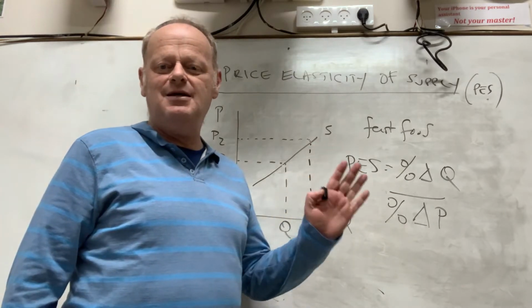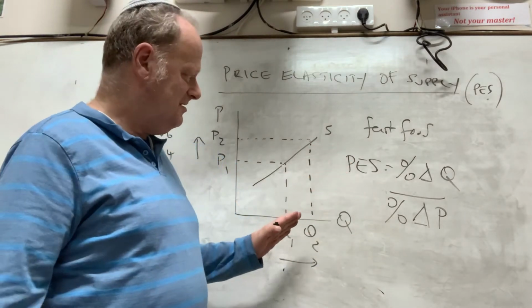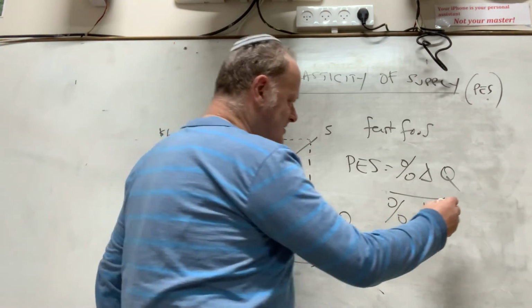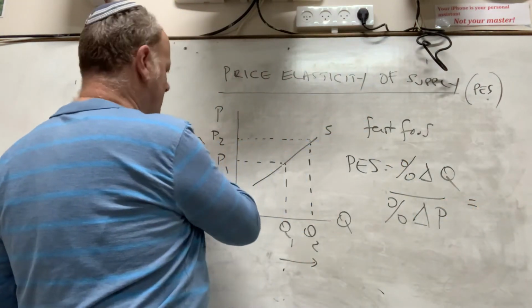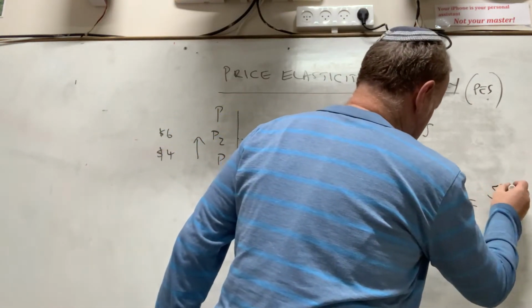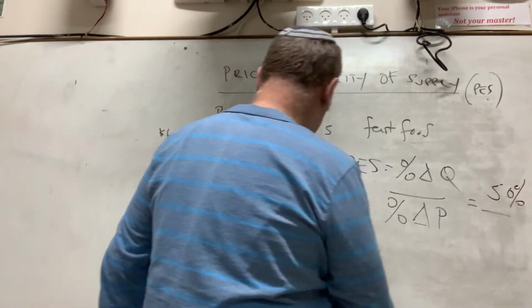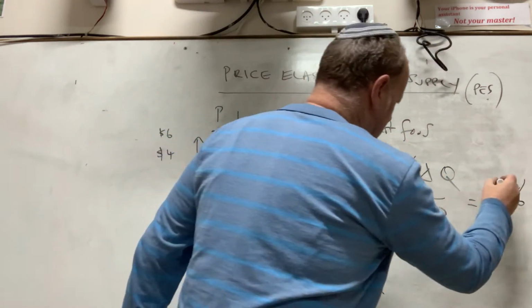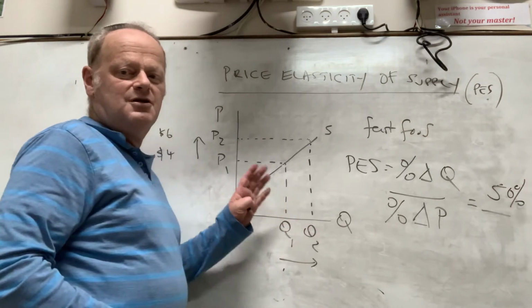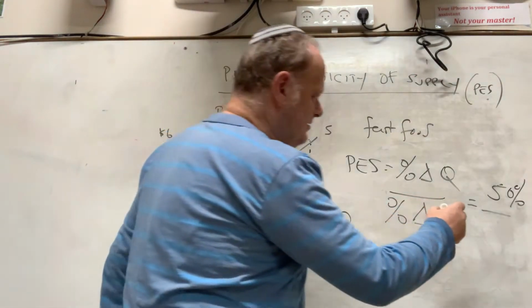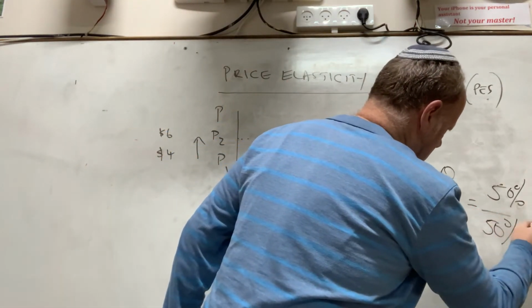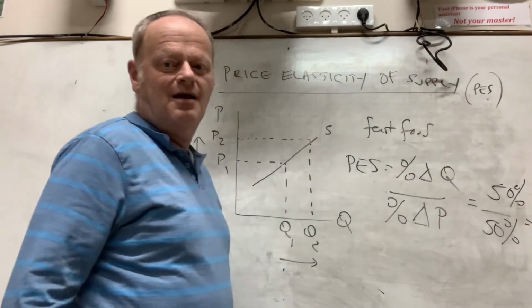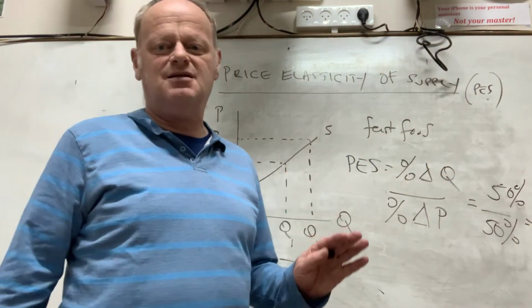But unlike PED, we're going to get a plus. So in this case, the price has gone up by 50%, and the quantity has also gone up by 50%. That equals 1. That is the price elasticity of supply.